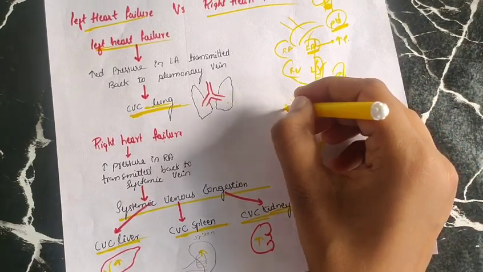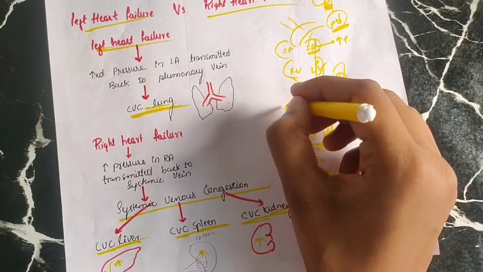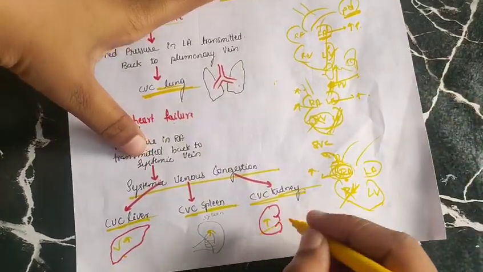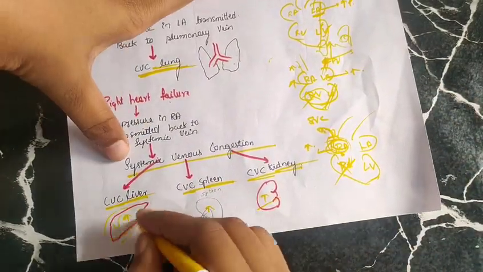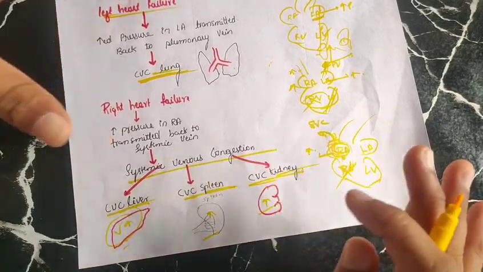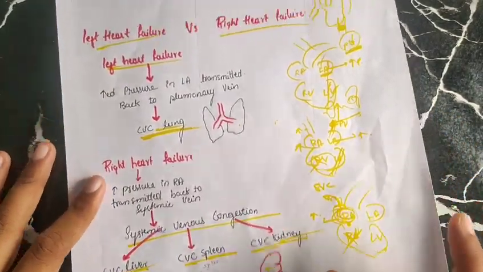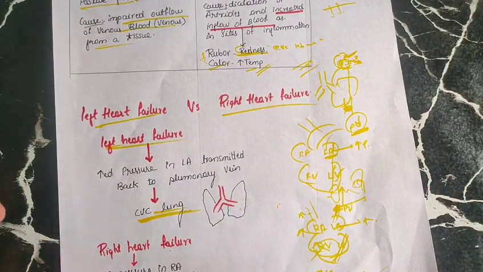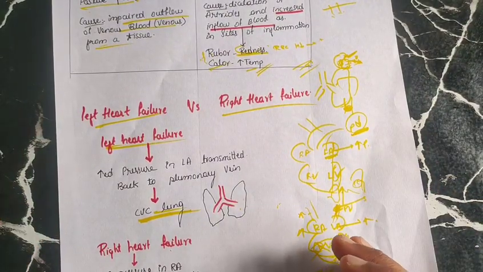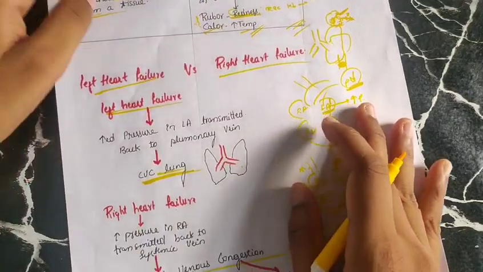Here pressure is high, so blood moves from high pressure to low pressure areas, that is, into the kidney, liver, or spleen. This causes accumulation of venous blood, known as CVC liver, spleen, and kidney. This is how chronic venous congestion is caused in all these organs.